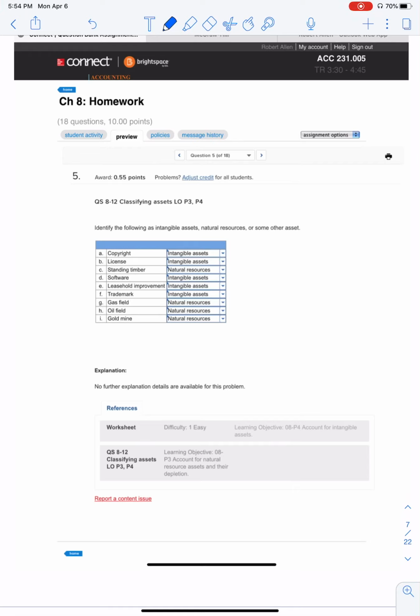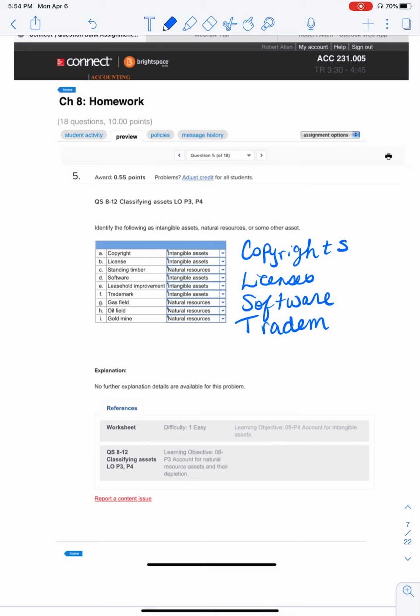When we think of intangible assets, we tend to think of things like copyrights, licenses, software, trademarks, goodwill, etc.